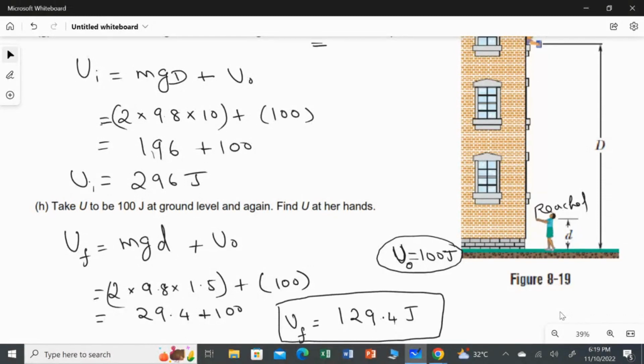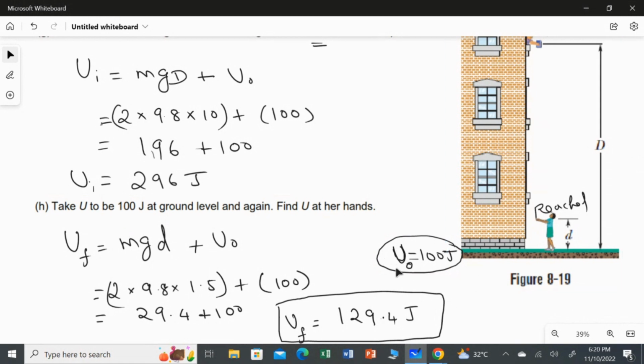So this is the answer for the first question. In the first question, we have the subdivisions from A to H. Clear? So the most important thing, if you want to answer these questions, because this question has many subdivisions, first of all, please identify the values from the figure. When you see the figure, then only you'll get the clear idea.